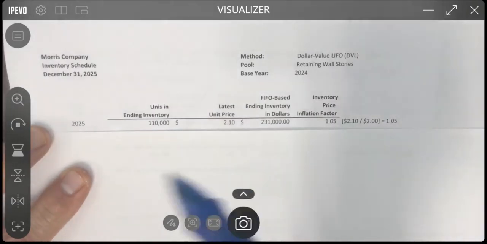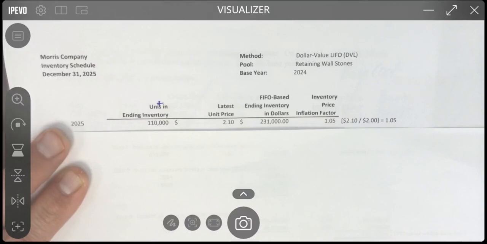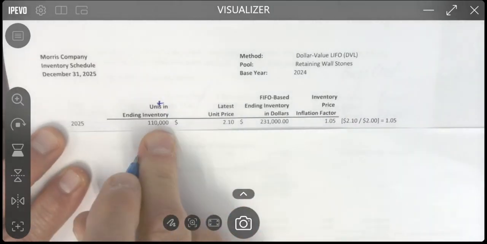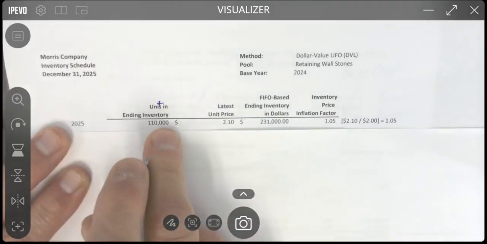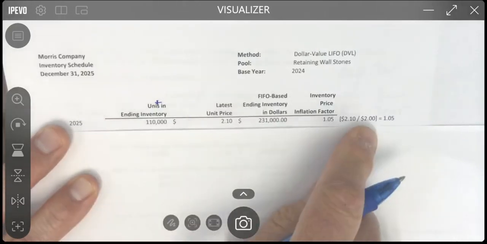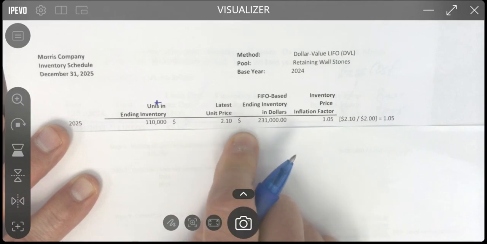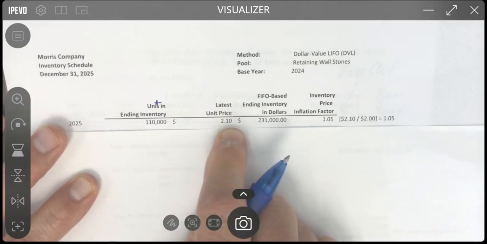So, once again, sorry for the typo in units. Units in ending inventory is 110,000 at the end of 2025. Remember, it was 100,000 at the end of 2024. So not only have prices gone up, but also the number in inventory has gone up at the end of this year versus the end of last year. The unit price is 210.